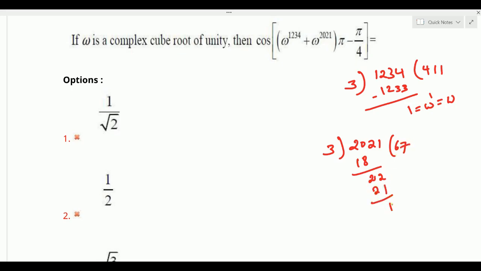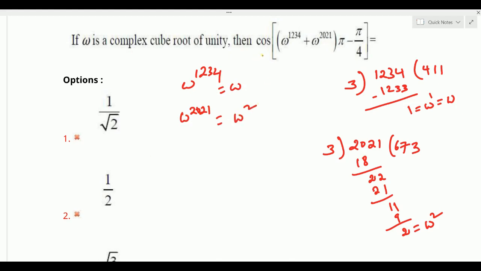Again one more, 1 is 2 minus 1 1 and 11 and 1 and 1, 3 3 is 9. What is left over? 12 minus 9, 11 minus 9 అంటే 2. 2 we can take it as power of omega, that is omega square. Ante what is omega power 1234 we can take it as omega, and omega power 2021 we can take it as omega square, right?